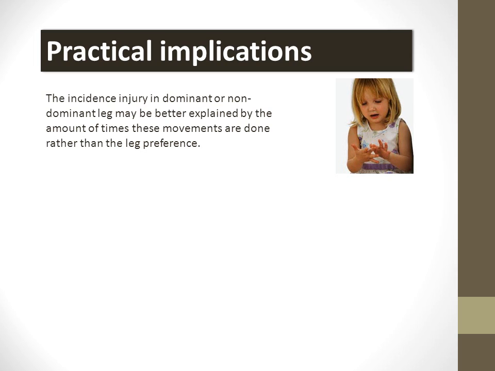Now let's look at a couple of practical implications of the study and the research that we have been looking at. The incidence of injury in dominant and non-dominant legs may be better explained by the amount of times these movements are done rather than leg preference.